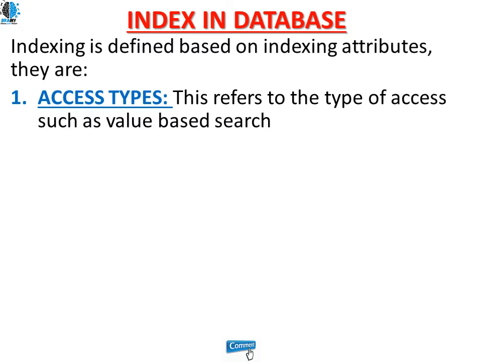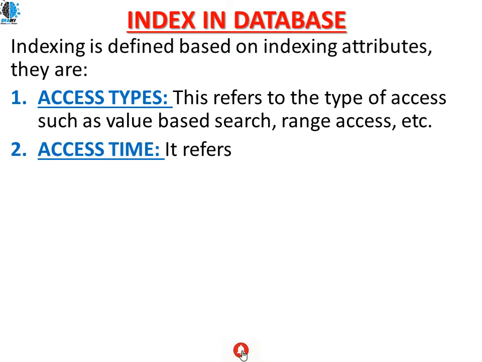This refers to the type of access, such as value based search or range based search. Are we searching based on a specific value or a range of values? This is our first attribute of indexing. Next, access time.